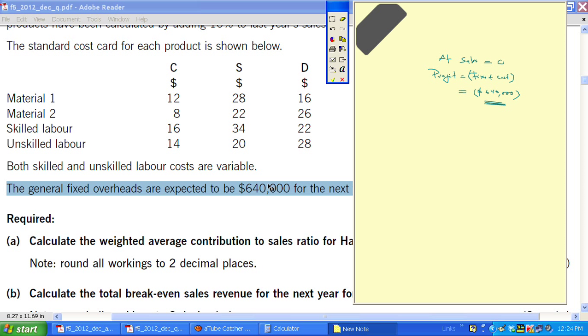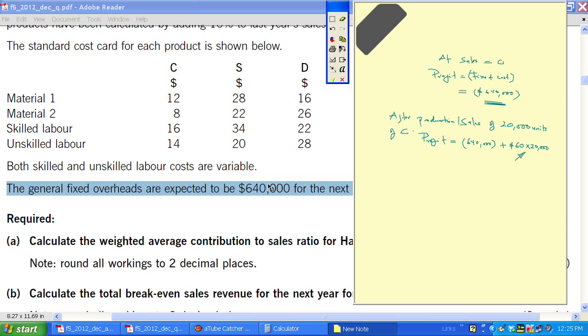Now we are making C first, since it has the most favourable contribution. So after production and sales of 20,000 units of C, the new profit figure is going to be minus 640,000, plus the contribution from C. Remember the unit contribution for C is 60, so it's going to be 60 times 20,000.